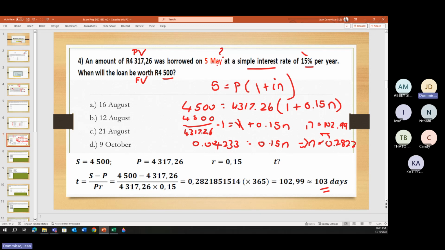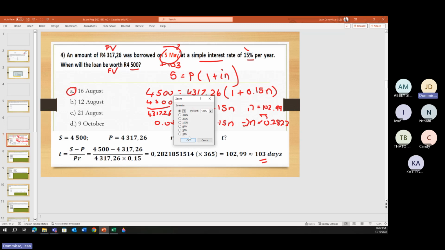You need to go to where 5 May is, and then say that number plus 103 will give me the answer. So if you go to that table to where 5 May is, and you add 103 to that, you will get your answer.